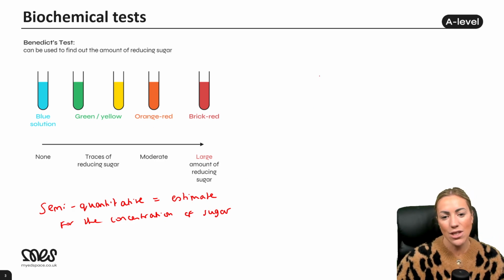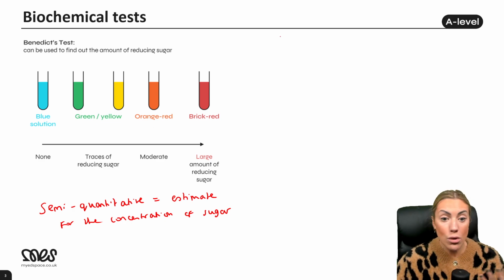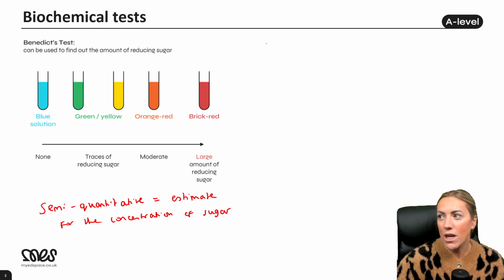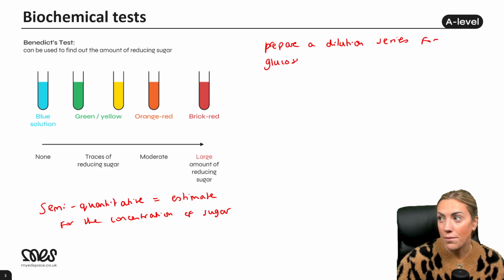And if we've got, say, an unknown solution that contains glucose, a reducing sugar, but we don't know the concentration, then what we can do is prepare a dilution series for glucose with known concentrations.